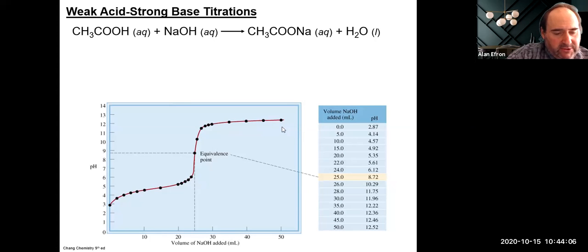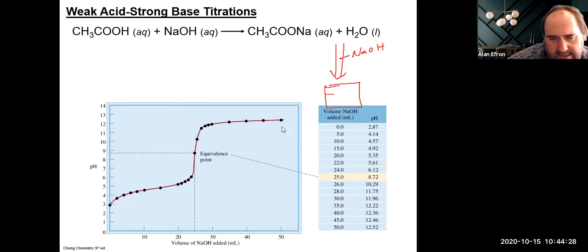So we have our titration curve on the bottom. This is different than the titration we've been talking about, in the sense that we are using a weak acid and a strong base. The setup is similar. Again, in the burette is our sodium hydroxide. In the flask is something like acetic acid, like we have up there.